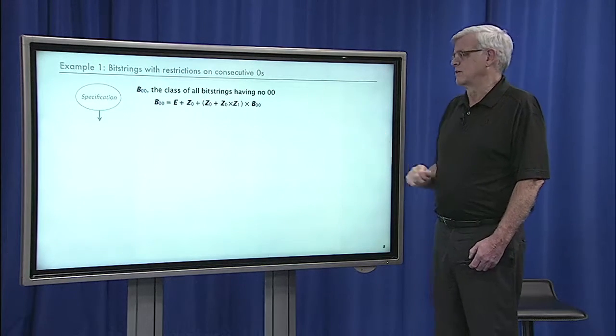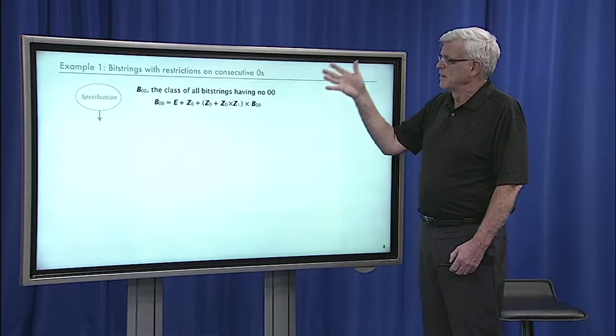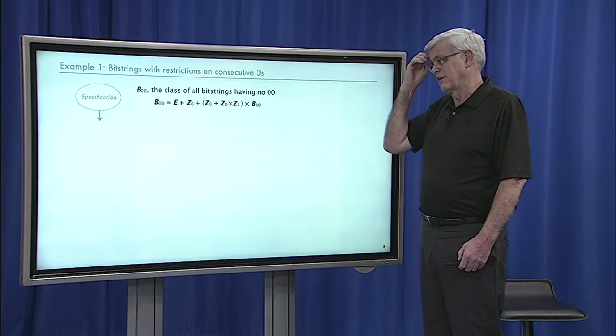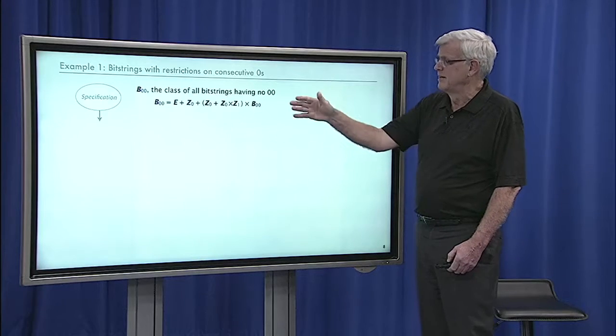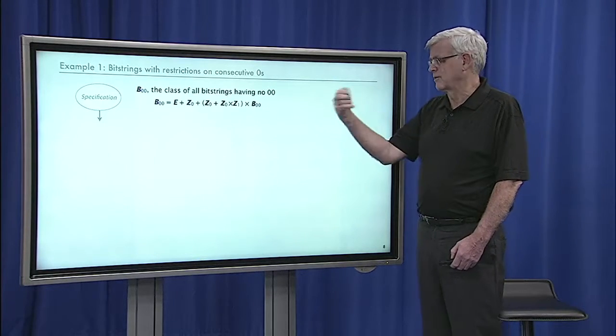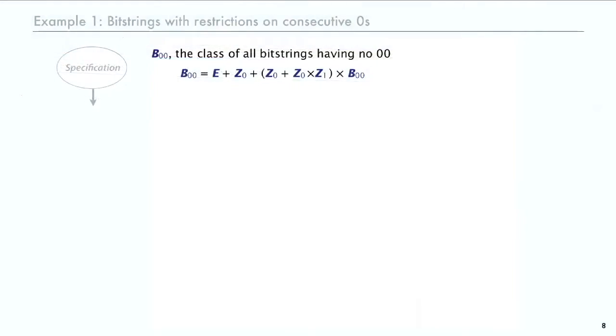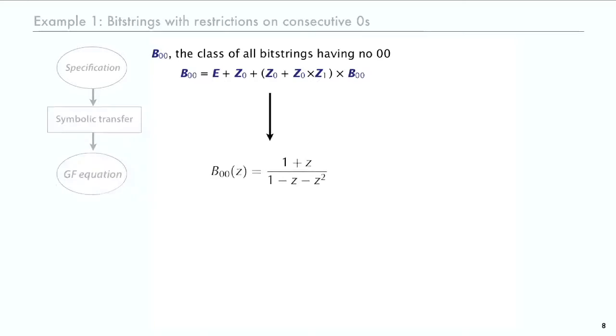We saw this construction in lecture 1. So the class of all bit strings having no 0 0 is either empty, or it's a 0 bit, or a 0 bit followed by a bit string that starts with a 1 with no 0 0, and so forth. And that immediately translates to that generating function equation.